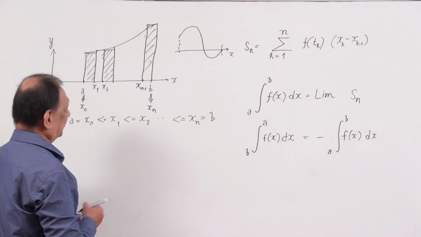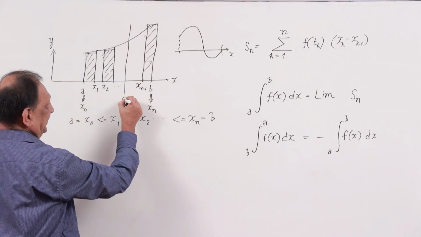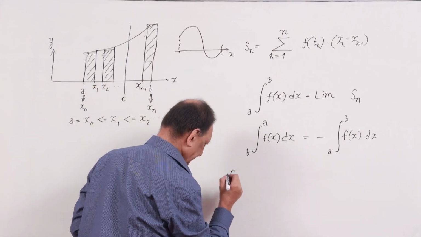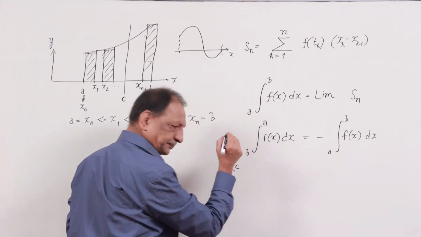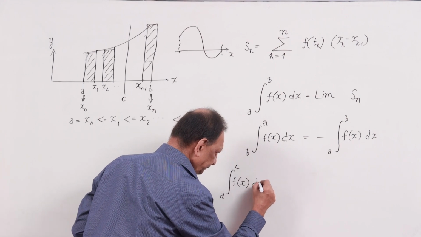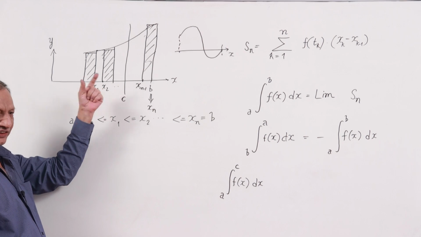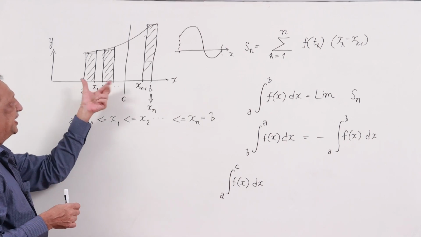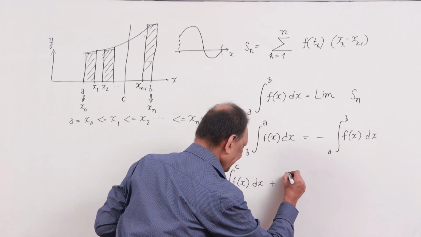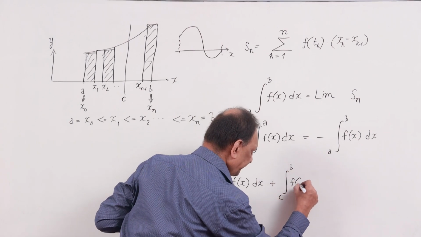Now the second aspect is, supposing between A and B I got a third point, you can call it C, for example, which means I can now integrate from A to C f(x) dx. So I will get one area from A to C, to which I will add another area, which is from C to B f(x) dx.